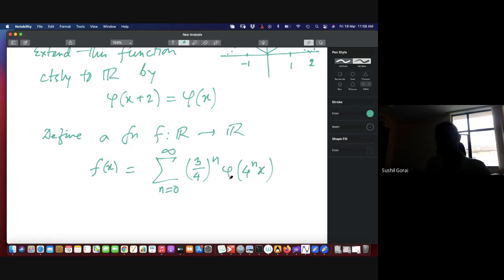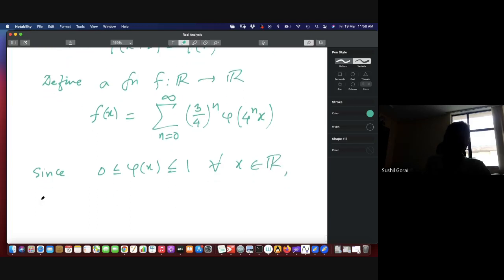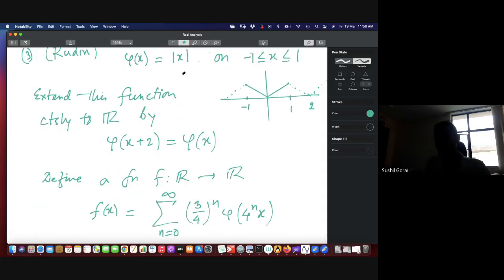Okay. Now you see, since 0 is less than or equal to phi(x) which is less than or equal to 1 for all x in R, the series in the RHS converges uniformly on R. And if you look at a finite sum, that is a continuous function because it is like mod x, right?